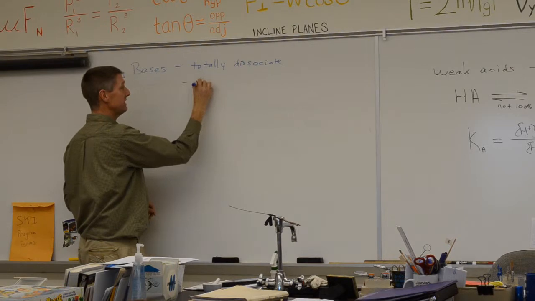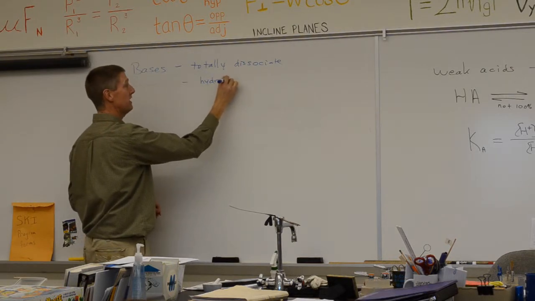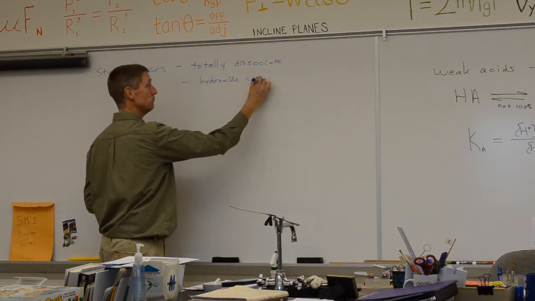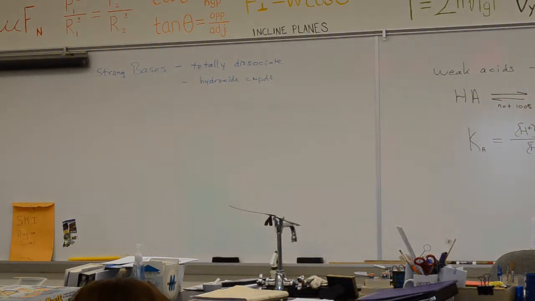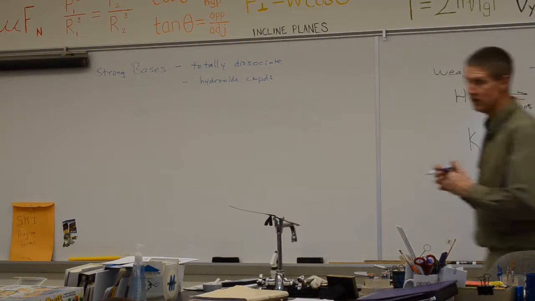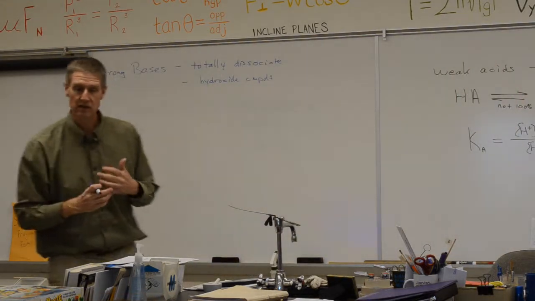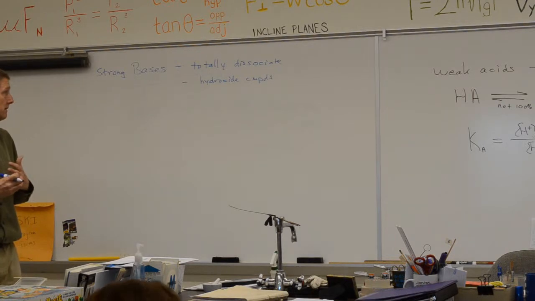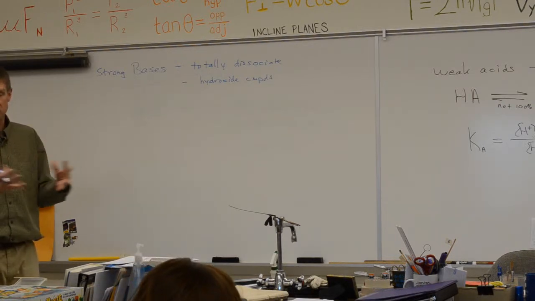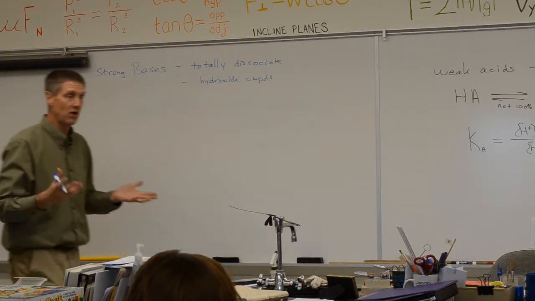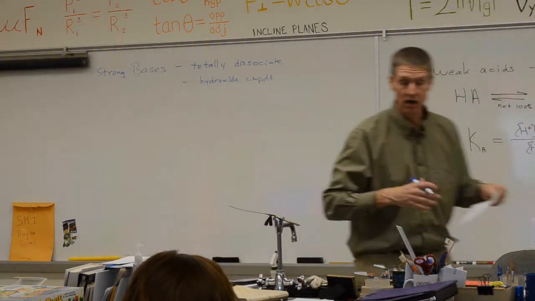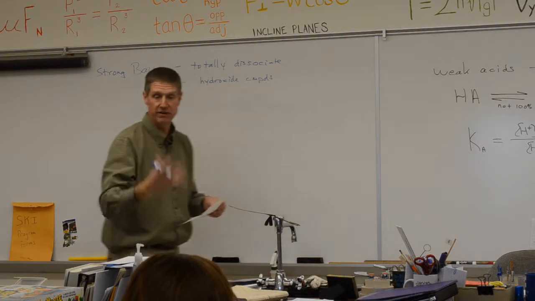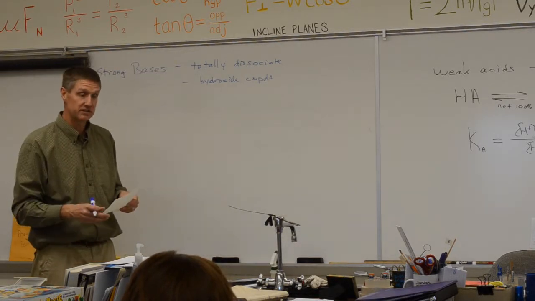Most of these are hydroxide compounds, not all of them, but many of them are. We worked a lot with sodium hydroxide and potassium hydroxide, and we used magnesium hydroxide and calcium hydroxide. They totally break apart, just like with our acids. We can figure out their pHs from their concentrations.